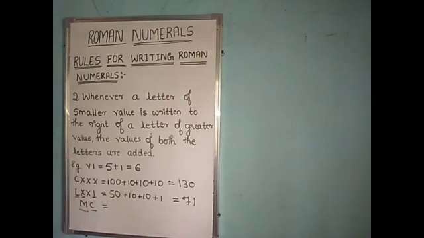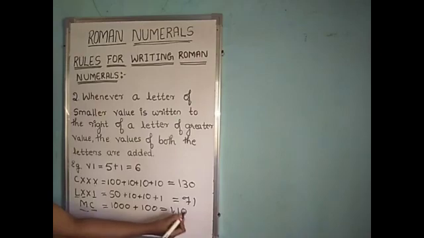Here the symbol of smaller value is written to the right side of M. So what do we have to do? We have to add the numeric values of both the letters. What is the numeric value of M? The numeric value of M is 1000. What is the numeric value of C? The numeric value of C is 100. 1000 plus 100 is equal to 1100.